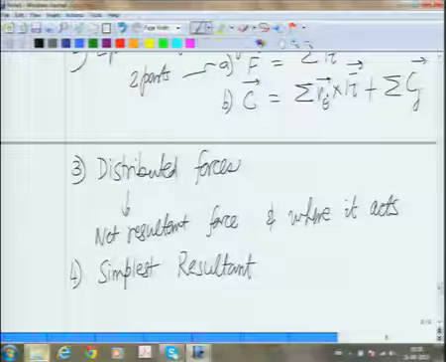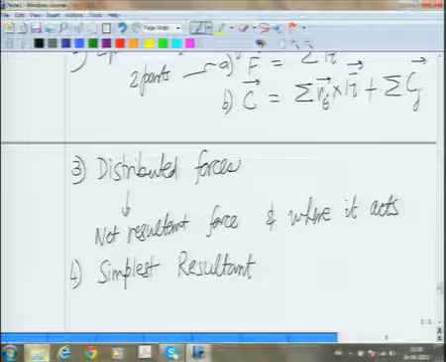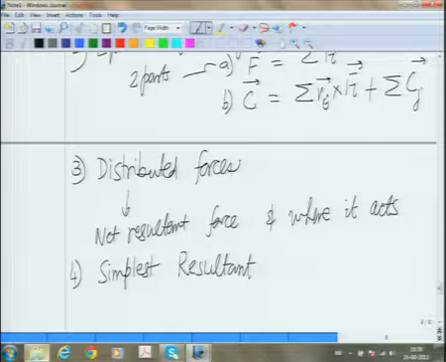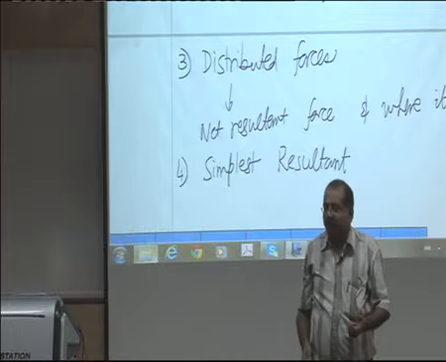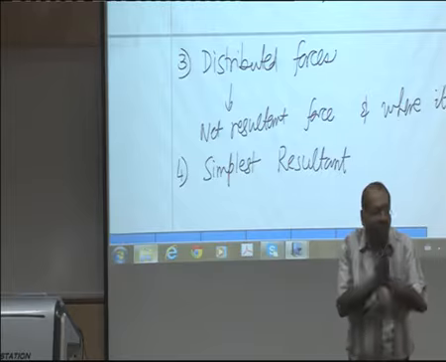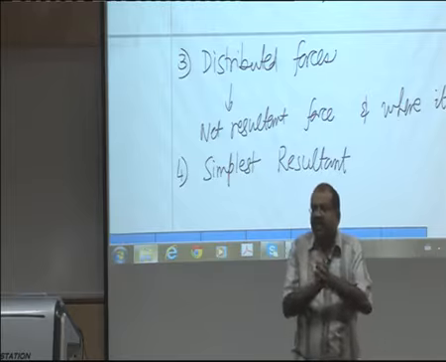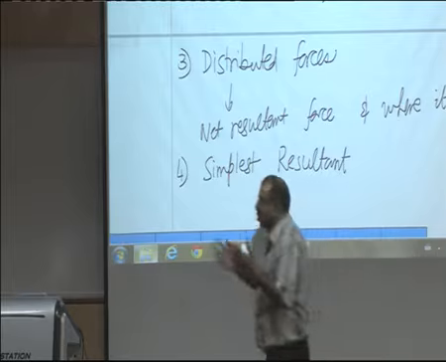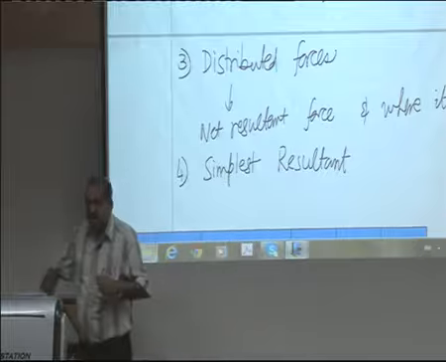That was the simpler. Second case which we did was parallel forces. Again we said all the parallel forces can be replaced by a single force acting at a specific point now. So now we have to determine both x and y coordinates if we have to find where this force acts. So this is what we did in distributed forces.